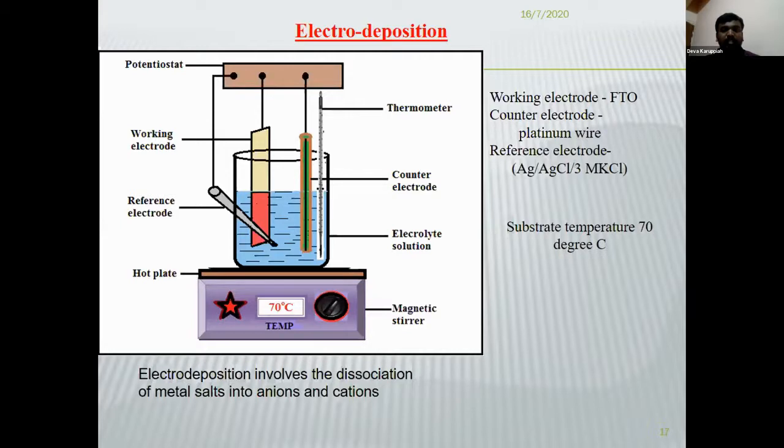Here I am using the working electrode as FTO, and the other electrodes, the counter electrode and reference electrode, are the same for all the measurements. The counter electrode is a platinum wire. It can induce electrons from the solution to deposit on the substrate. For the function of both electrodes, we give some voltage from the Keithley source meter.